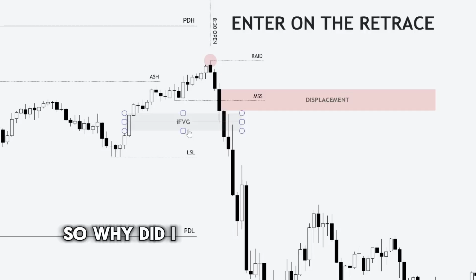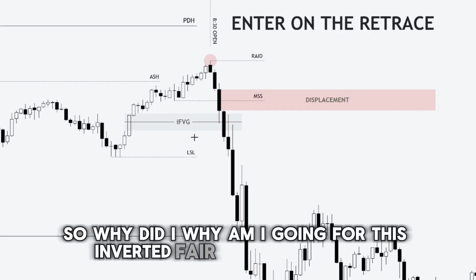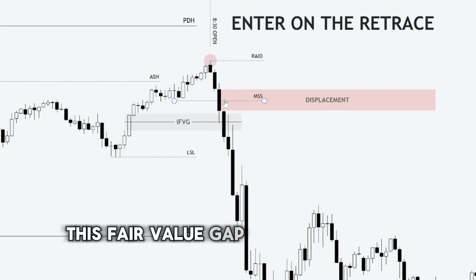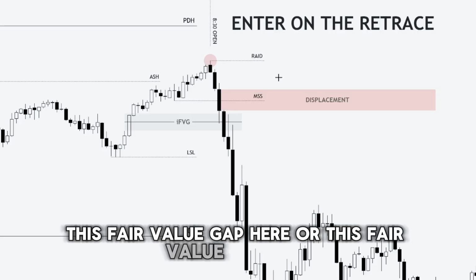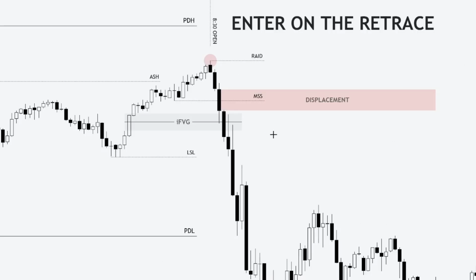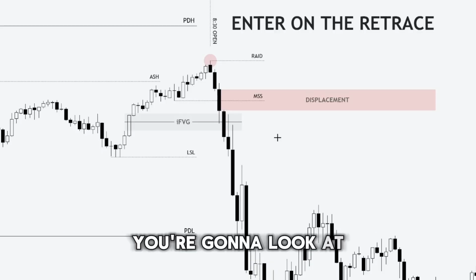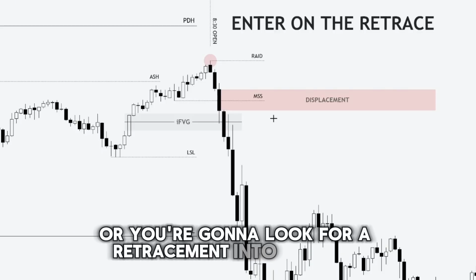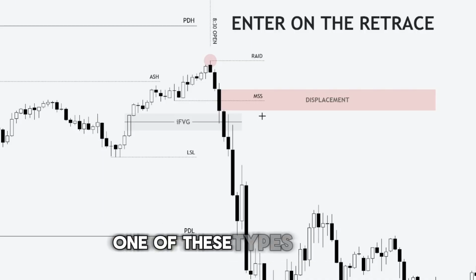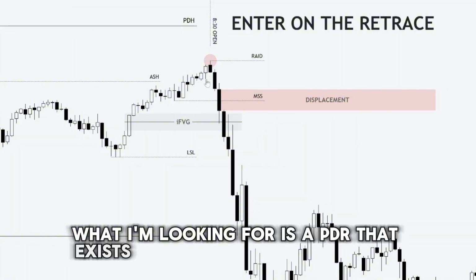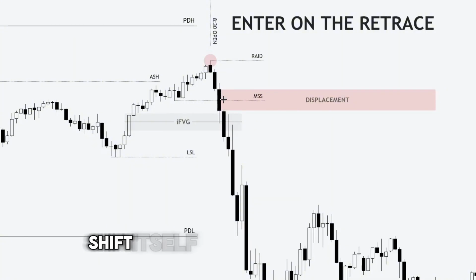So why am I going for this inverted fair value gap versus, say, this fair value gap here or this fair value gap here? When the market structure shifts, you're going to look for a retracement into one of these types of PD arrays. And usually what I'm looking for is a PD array that exists within the market structure shift itself, in that displacement.